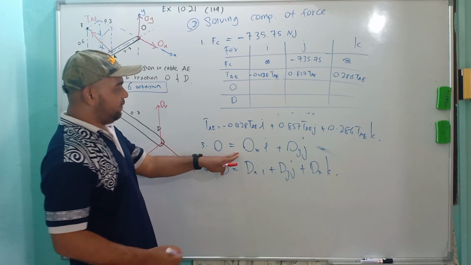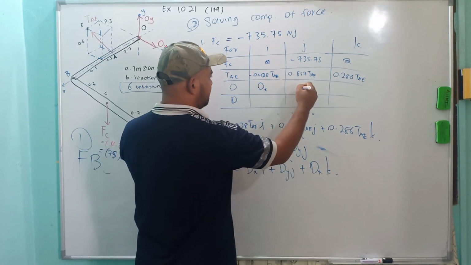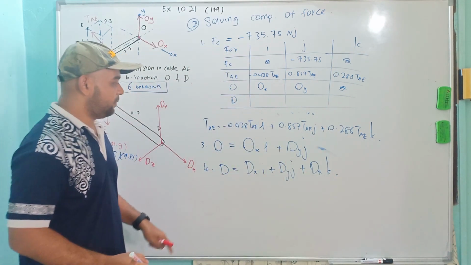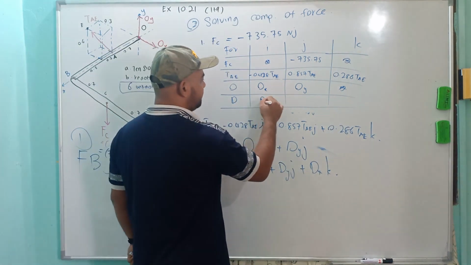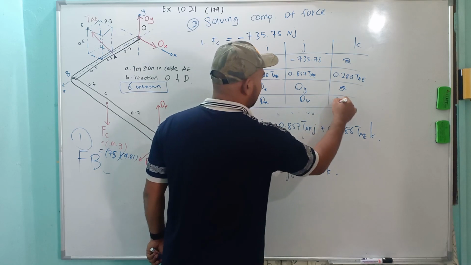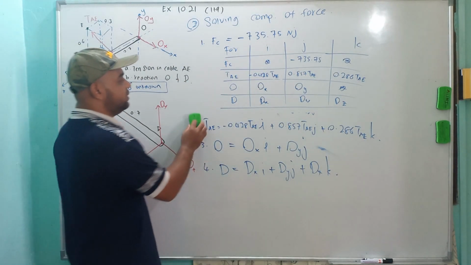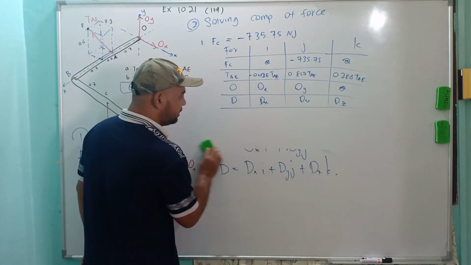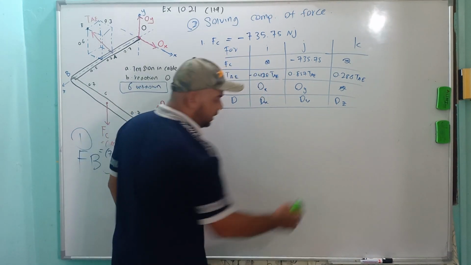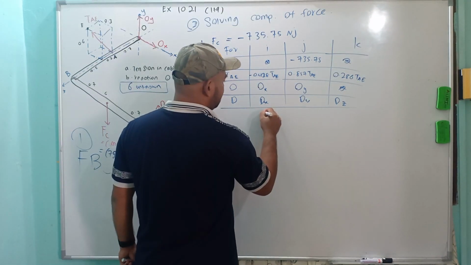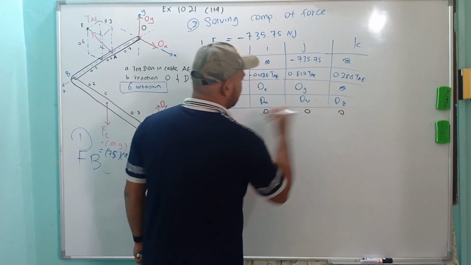For O, you will have OX, OY, and this one is 0. For D, you have DX, DY, and DZ. Okay, so by doing that, you are now clear about all of these. Add in i, j, k.